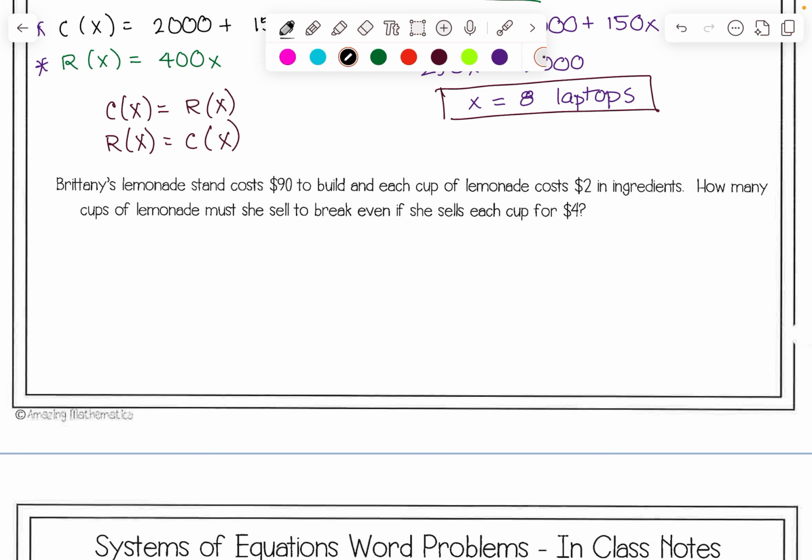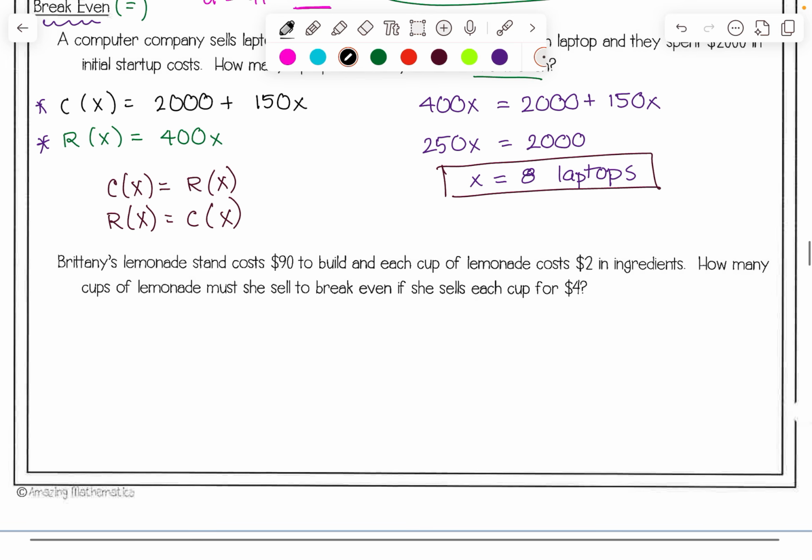Let's talk about Brittany's lemonade stand. Brittany's lemonade stand costs $90 to build, and each cup of lemonade costs $2 in ingredients. So just like the previous problem, we're going to look at the cost. The cost is $90 to start with, plus $2 worth of ingredients per lemonade that they sell.